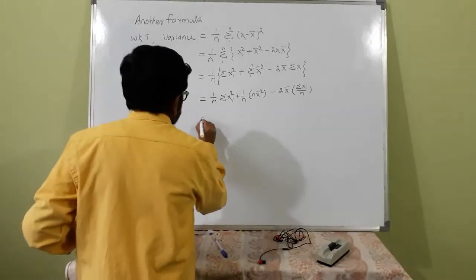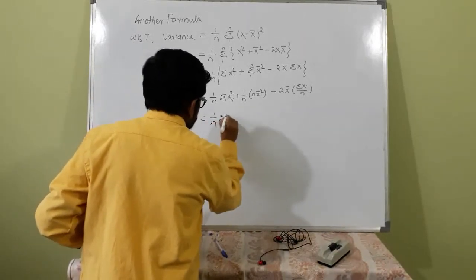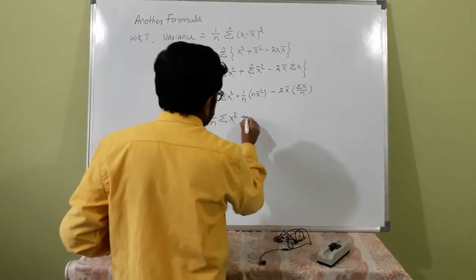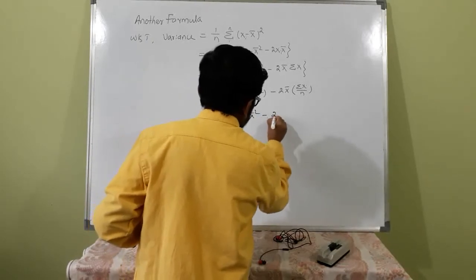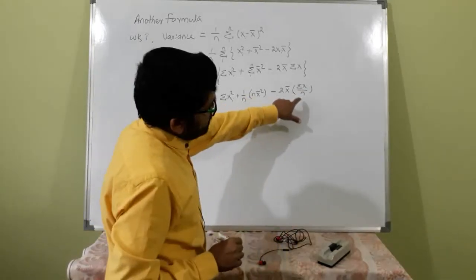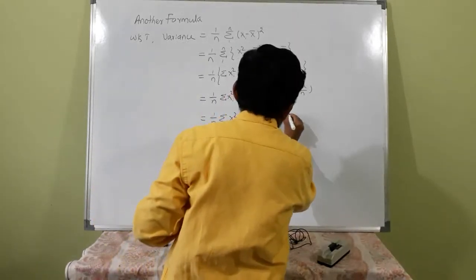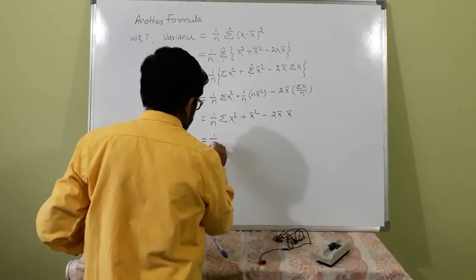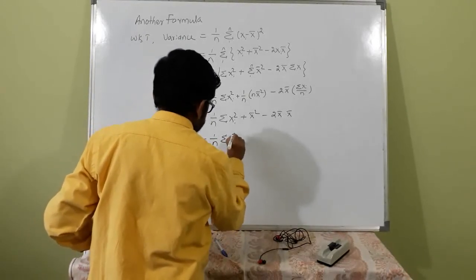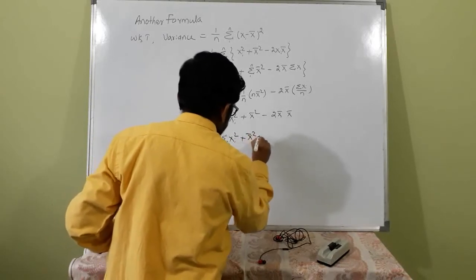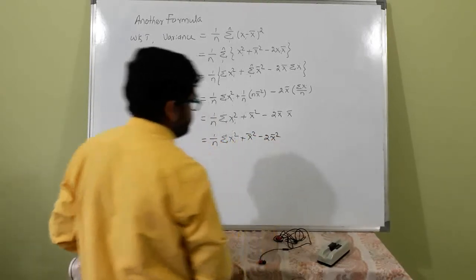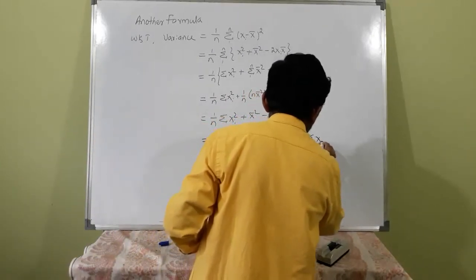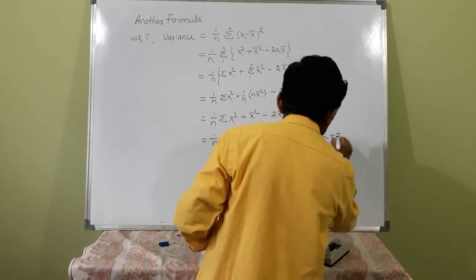What happens? That is 1 by n into summation xi square. The n gets cancelled: x bar square minus 2x bar, summation xi by n means x bar into x bar, so 2x bar square. That is 1 by n into summation xi square plus x bar square minus 2x bar square, so 1 by n into summation xi square minus x bar square.